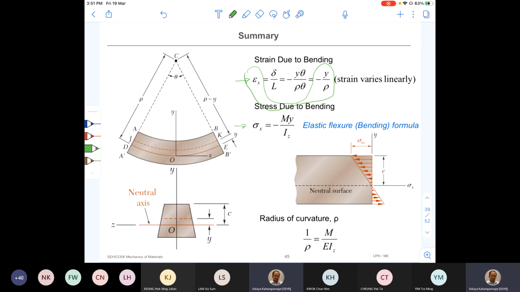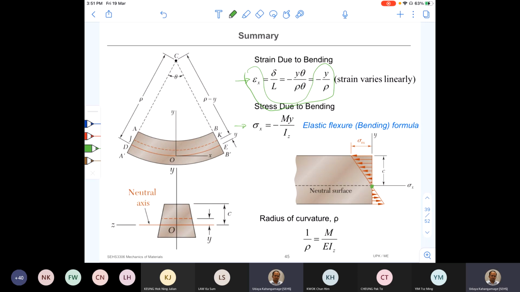Therefore, stress is zero. So here in this diagram, this is the position of the neutral axis. And normally for single material members, this neutral axis passes through the centroid of the geometry. Centroid is the geometric center of the geometry.